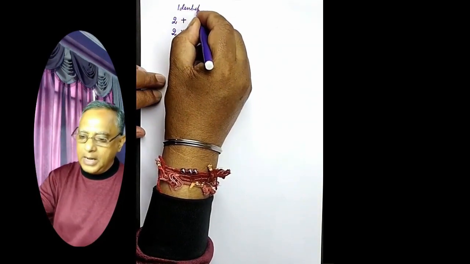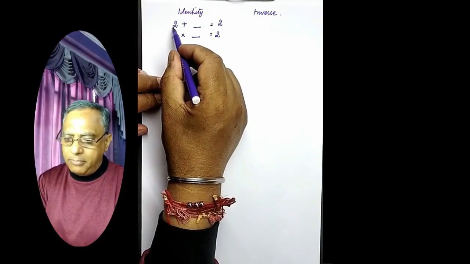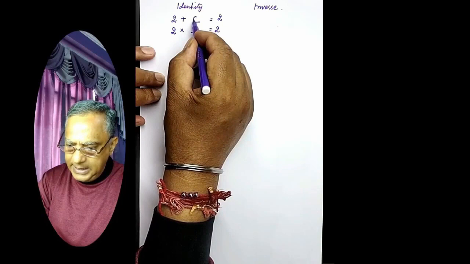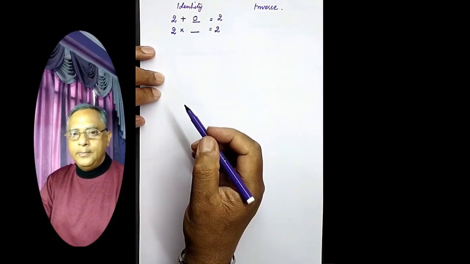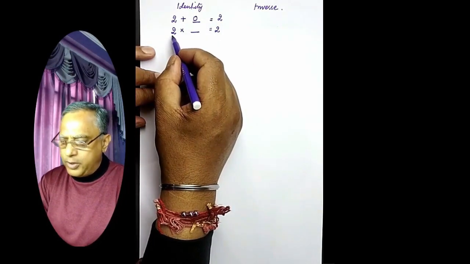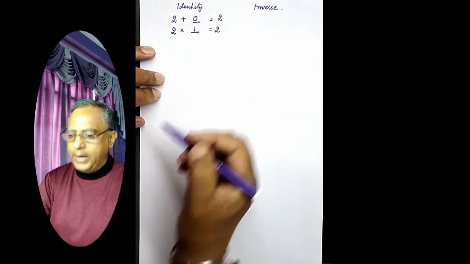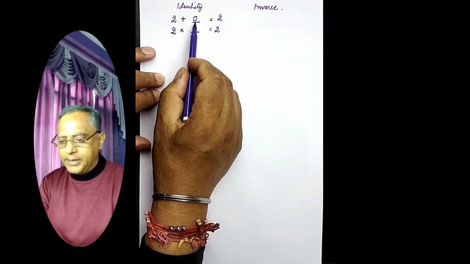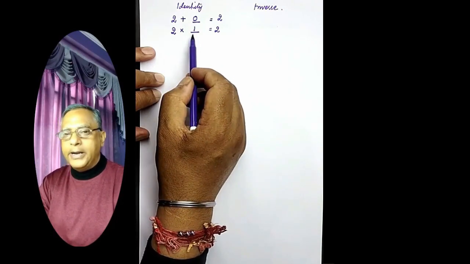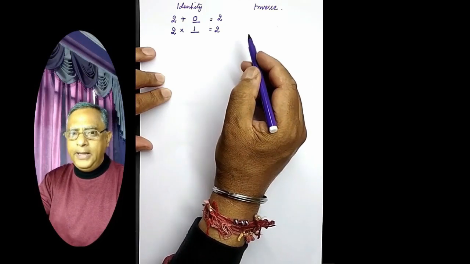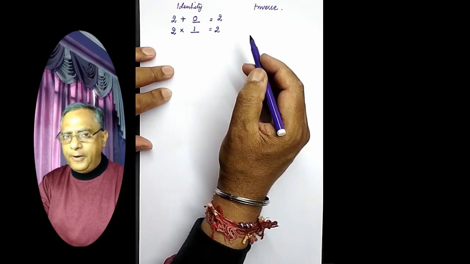This is identity. So what is that number which can be added to 2 and leaves it as 2? It is 0. What is that number which when multiplied with 2 leaves it as 2? It is 1. So additive identity is 0 and multiplicative identity is 1. Now I come to the concept of inverse. What is the general concept of inverse?